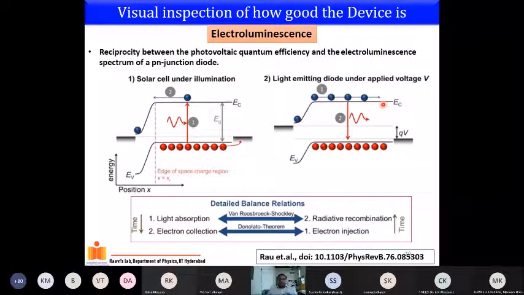Okay, so all the detailed balance relationships were developed by Van Roosbroeck and Shockley, as well as the Donolato theorem. So light absorption to radiative recombination, electron injection to electron collection, all these things happen, and these are all reciprocal.